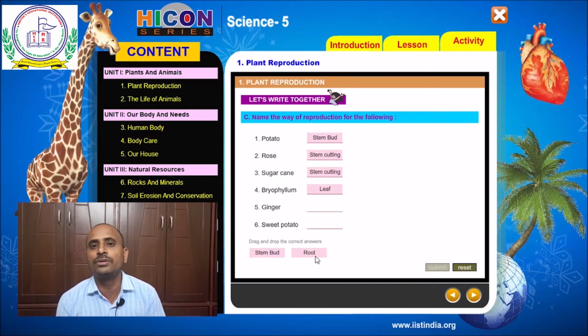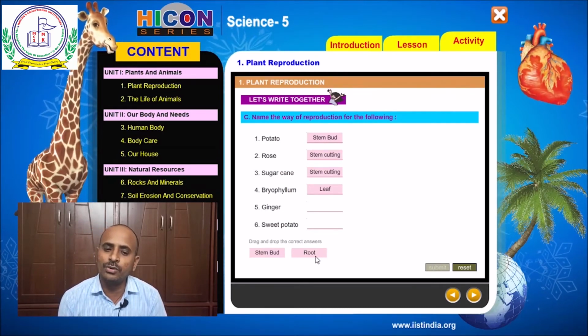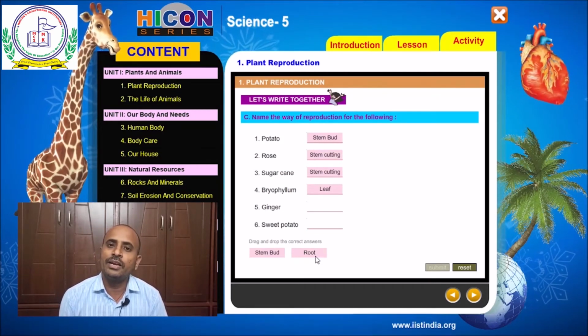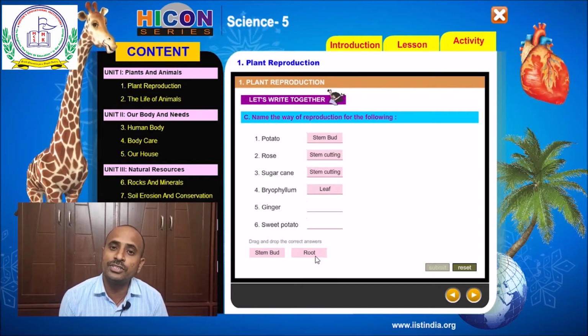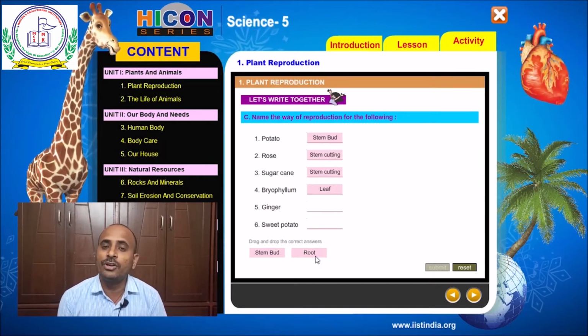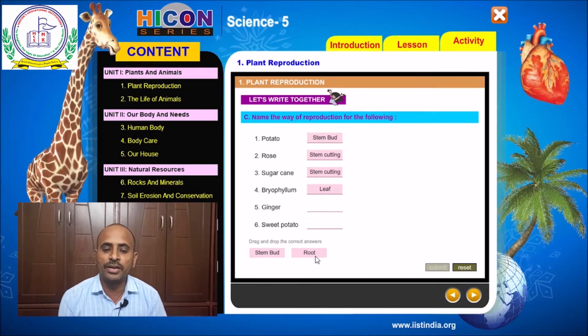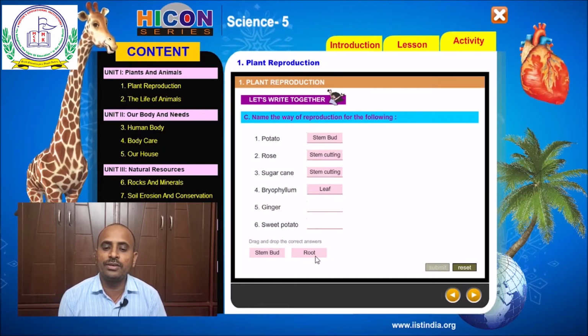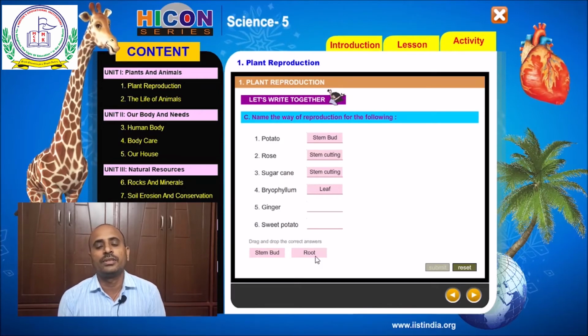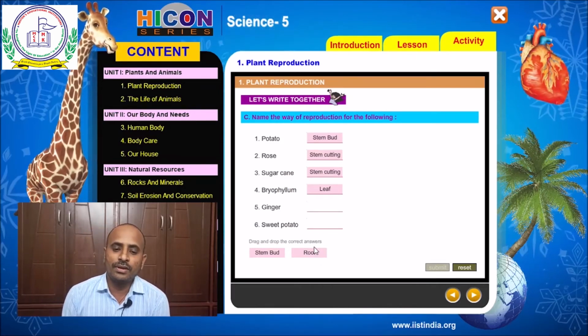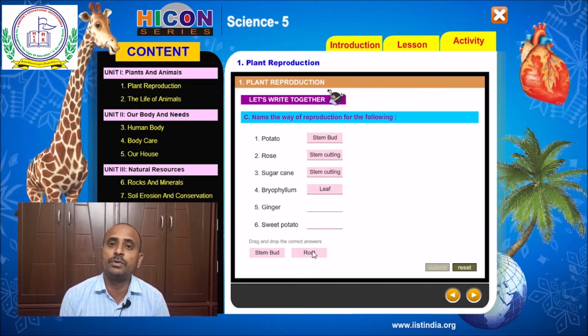So if we cut the root of the ginger and plant it in the soil, we will get a new plant of ginger. So ginger reproduces a new plant from root. So write the word root for ginger. Next, the sixth plant is sweet potato.